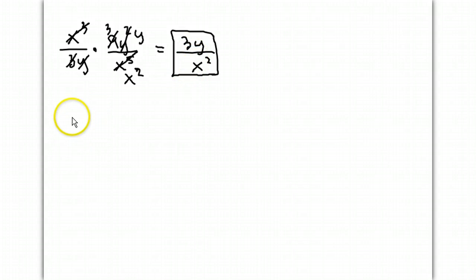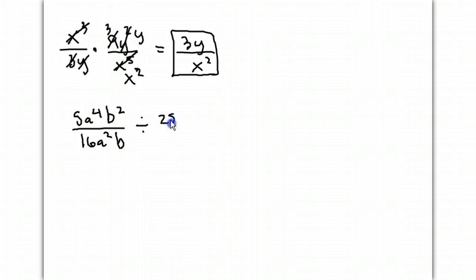Let's try this one. We have 5a to the fourth b to the second, divided by 16a squared b, but all of that is divided by 25a squared b over 60a to the third b to the second.